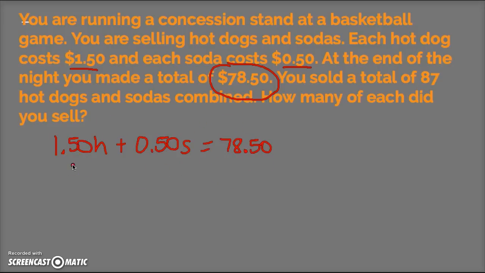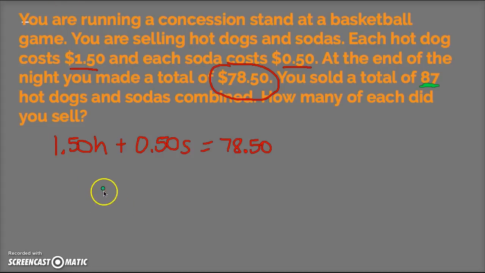But remember, to have a system, we have to have at least two. So they give us another piece of information, and that is that you sold a total of 87 hot dogs and sodas combined. In other words, you sold 87 items. Now, we don't know how many hot dogs, we don't know how many sodas. That's the goal of the entire problem.